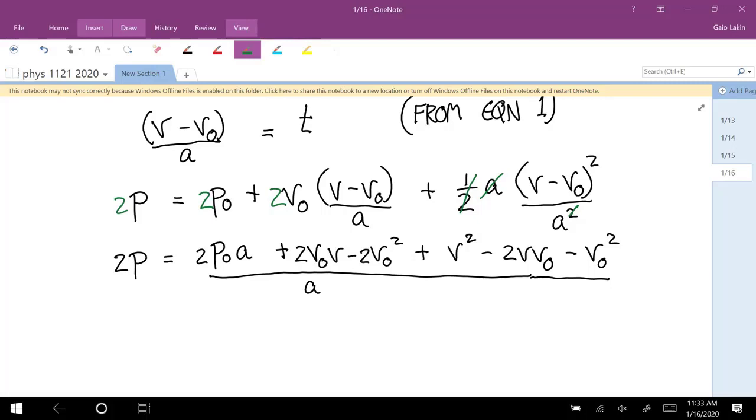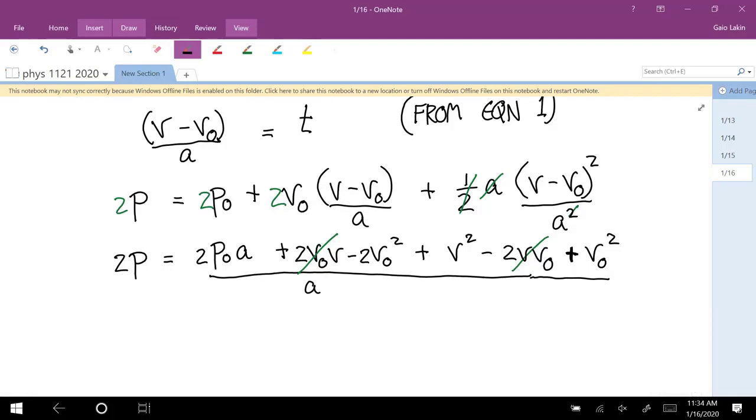We have, let's see, plus V0V, plus 2 V0V minus 2 V0V. So these go away. And this should be plus. I FOILed it out wrong.